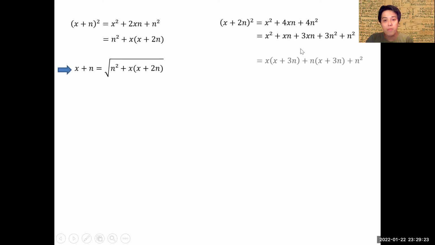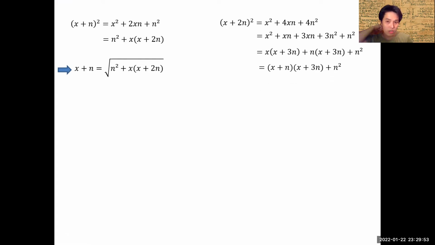Now, what happened here? From this point, these four terms, I factorize them by grouping. I group out common terms, and I obtain this expression over here. I hope this part is clear, because I'm just using x squared, 3xn, xn and 3n squared, and I factor them out, and there's a common factor x plus 3n.